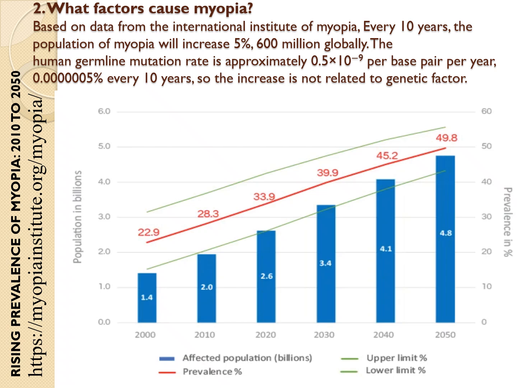The human germline mutation rate is approximately 0.5 times 10 to the power of negative 9 per base pair per year. That is 0.0000005% every 10 years. So the increase is not related to genetic factors.